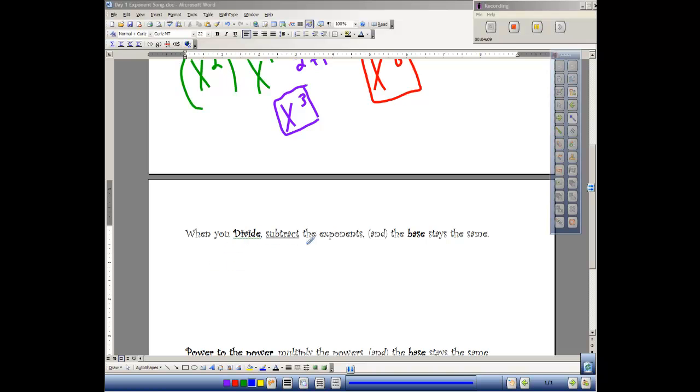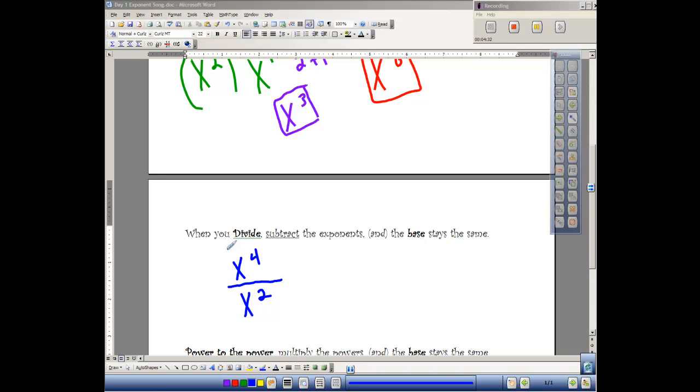We're going to have a fraction, because fractions mean divide. So I'm going to have x to the fourth over x to the second.